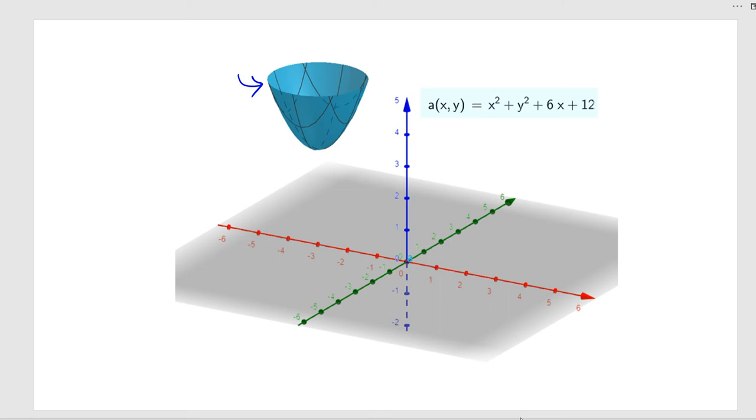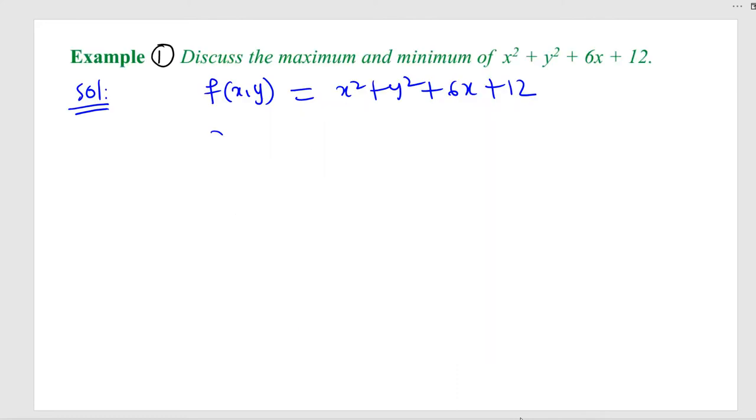So here you will get a minimum point, maybe here, a comma b. But if you don't have any graphical tool, then you cannot plot this type of diagram. These are actually three-dimensional plots. But what you can do is always find the analytical form.